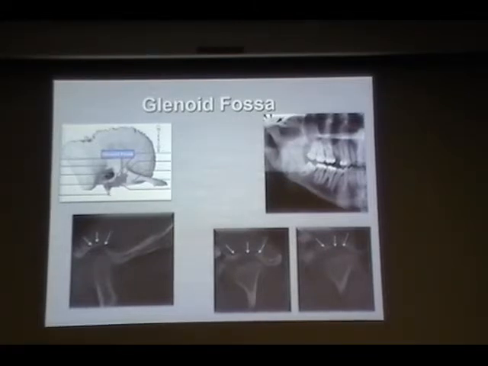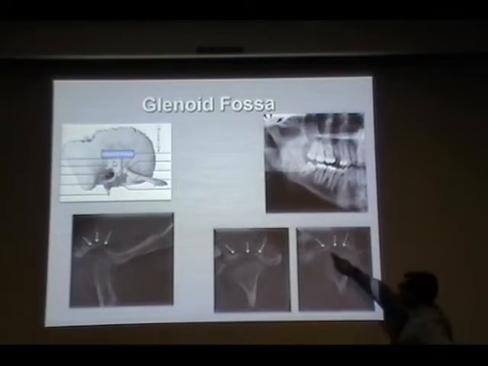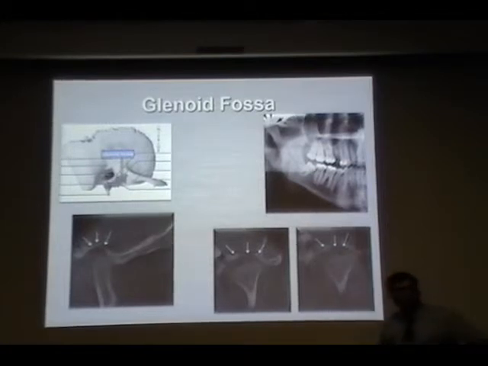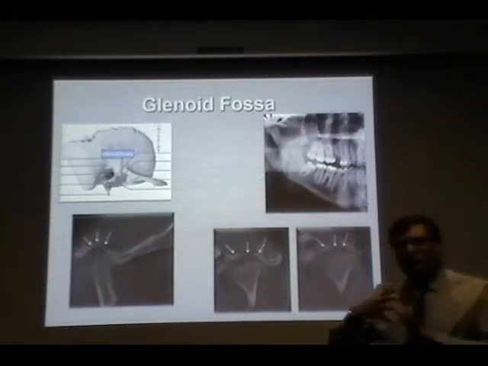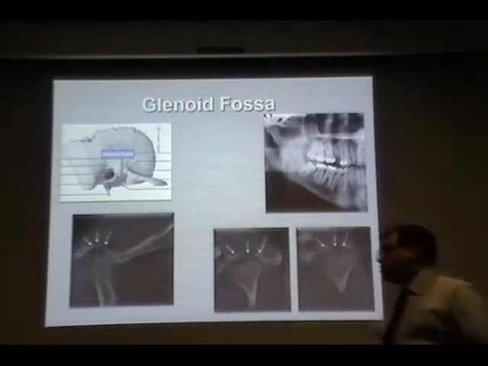This glenoid fossa or mandibular fossa, what you have to see is whether this is intact or not, or is there a thick border here? Because if there is an inflammatory lesion, then you are going to see a lot of sclerotic reaction happening.